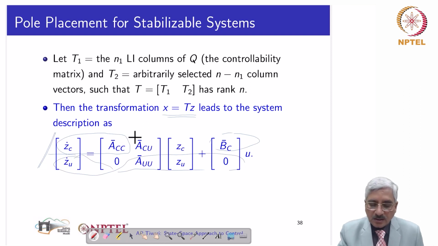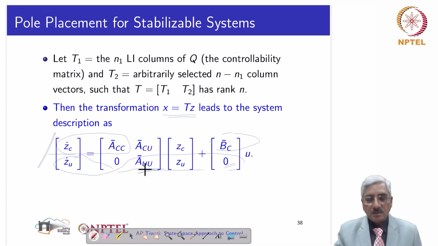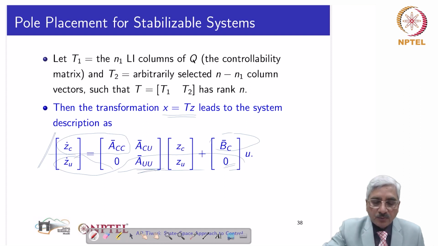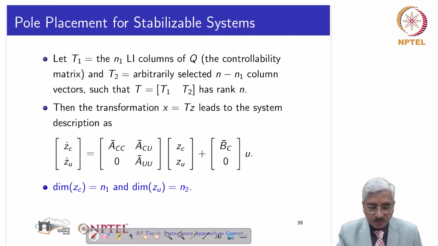So the A_C bar, B_C bar characterize the controllable subsystem, and A_UU bar and 0 here. So A_UU bar, an autonomous system, is that uncontrollable system. So we get the decomposed system. The order of the controllable subsystem is n1 and the order of the uncontrollable subsystem is n2.